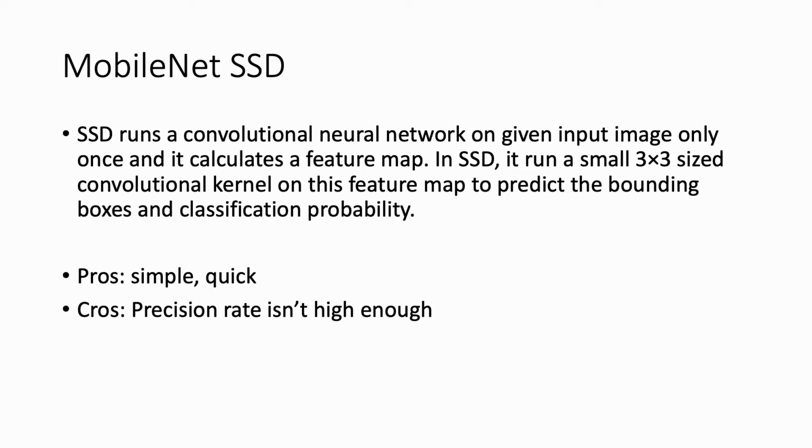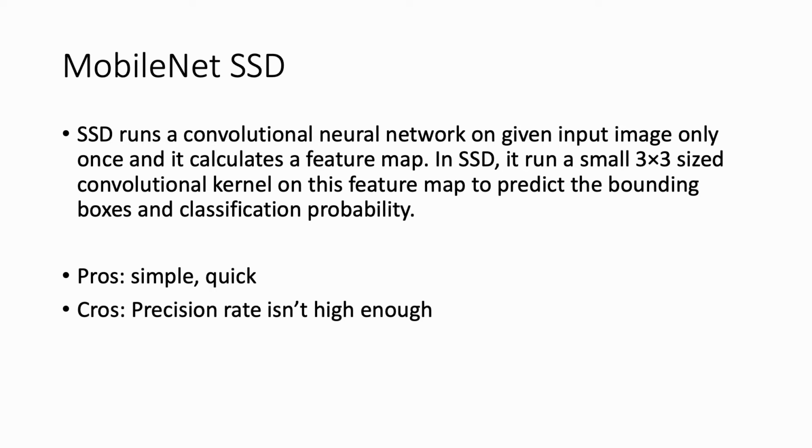First, I want to talk about MobileNet SSD, which is one of the most commonly used CNN architectures today. SSD runs a convolutional neural network on a given input image only once, and it calculates a feature map.